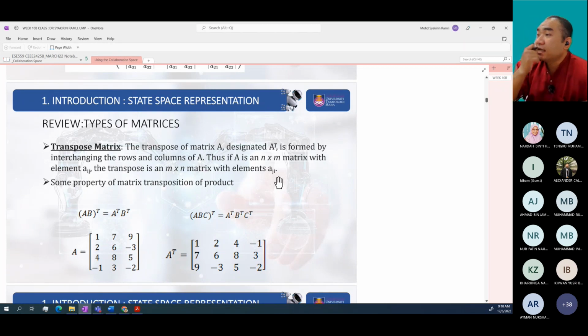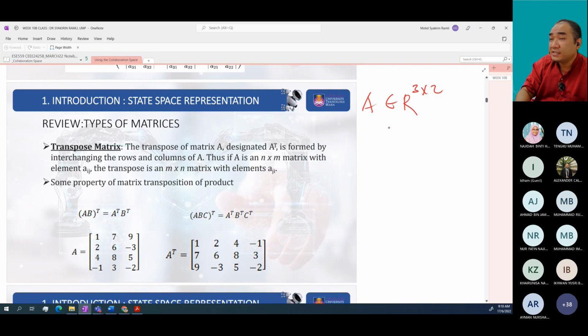Okay. Maknanya kalau kita ada transpose of the matrix A, katakan kita ada matrix A, the size of the matrix A is 3 by 2. Kan matrix A dia punya dimension dia adalah 3 kali 2. So if we were to get the A transpose, the size of the matrix now becomes 2 times 3.